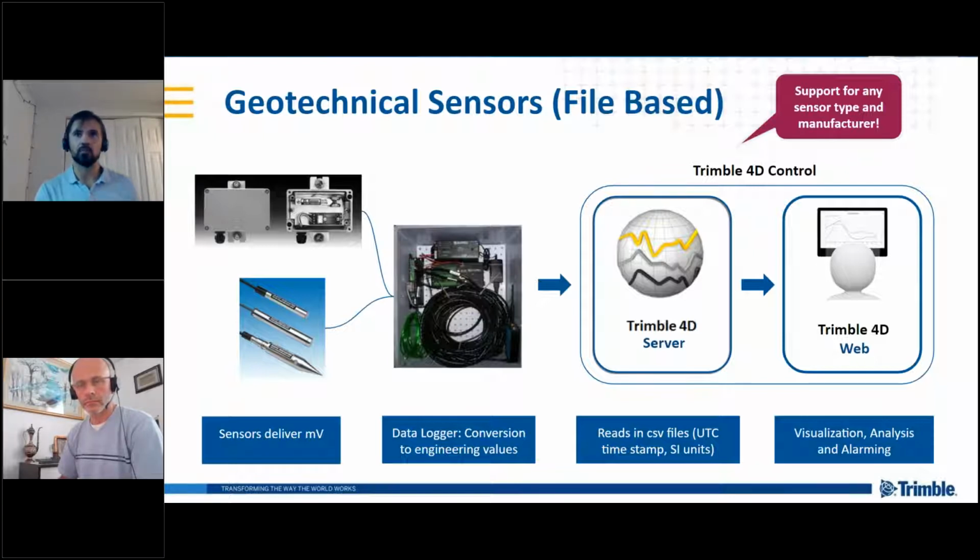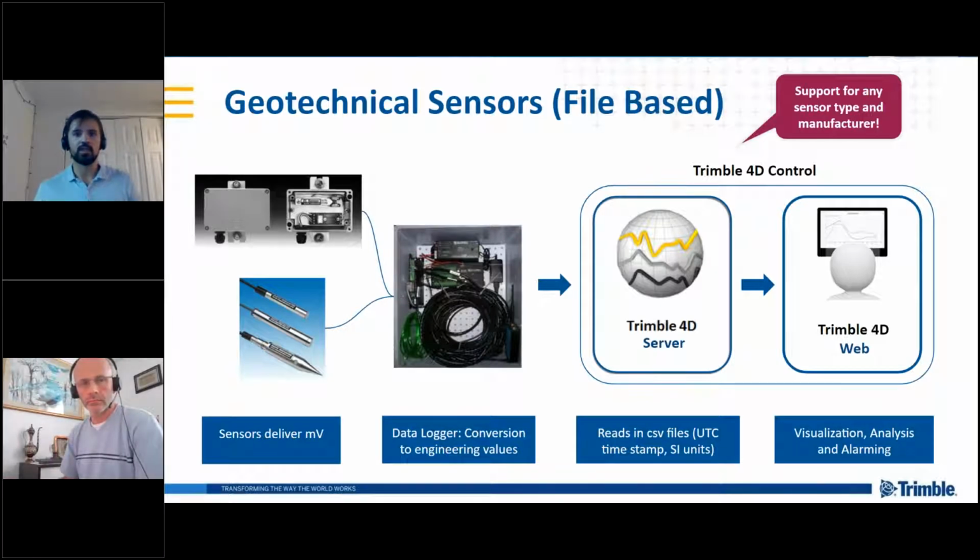And then that data can be brought into T4D server, where we can read that data in. So this is more of, as it says at the top, a file-based workflow. So we can read in CSV files where we take the data from the data logger, whether that's a one-dimensional or two-dimensional position, and store and configure all of that data, and then move into T4D web, where that's the visualization, analysis, and alarming piece.